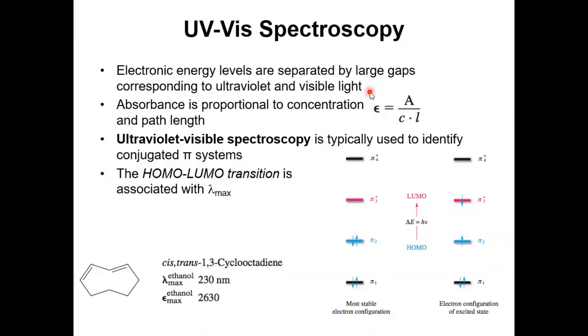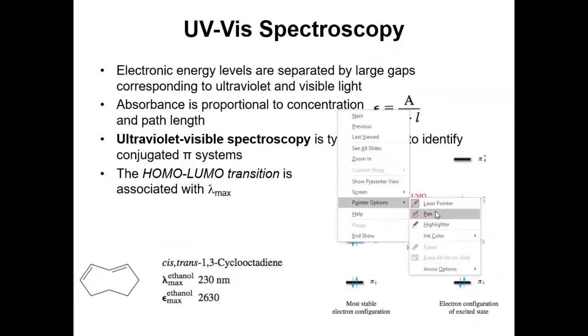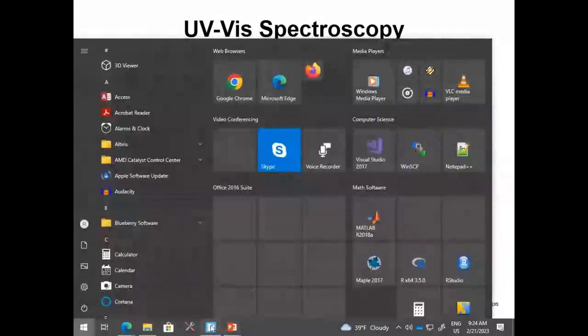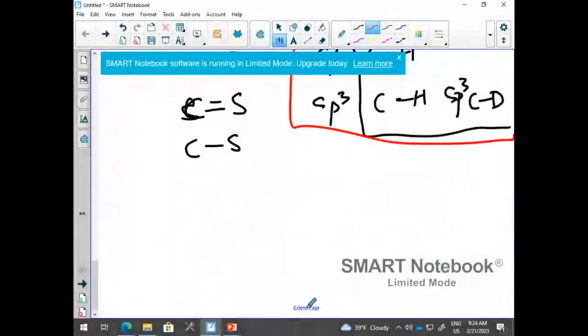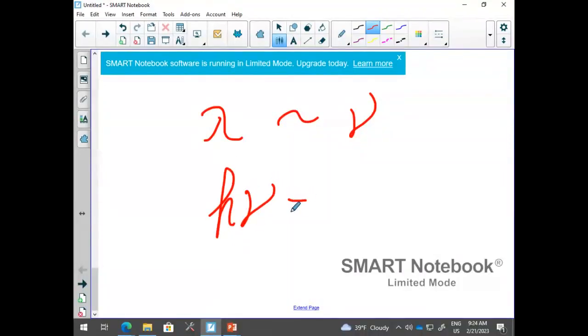Absorption wavelength reflects the frequency, and you know that absorption frequencies depend on the energy gap between the two levels. So if you know the absorption wavelength, that tells you information about the frequency, which corresponds to the energy difference between two levels.